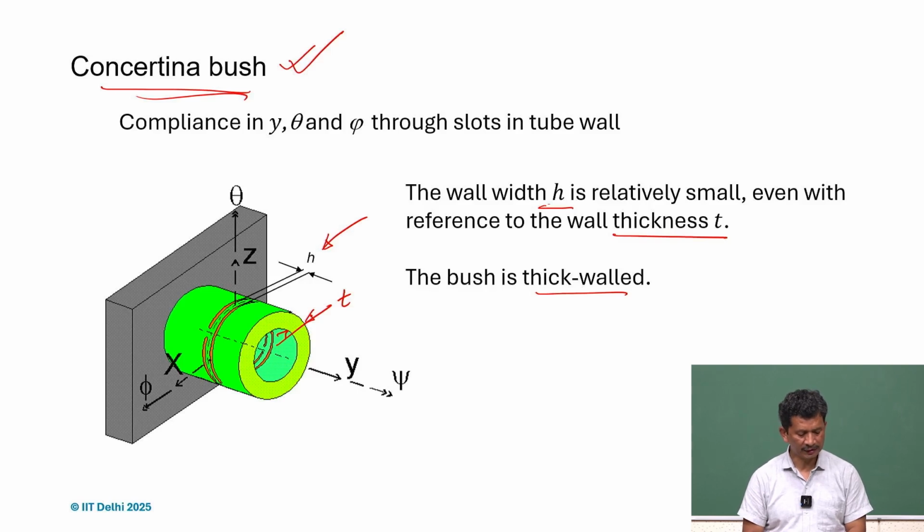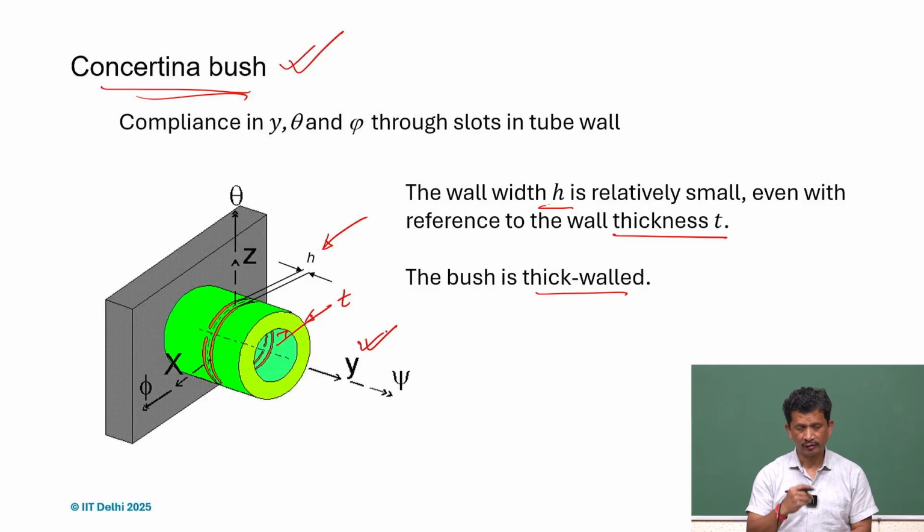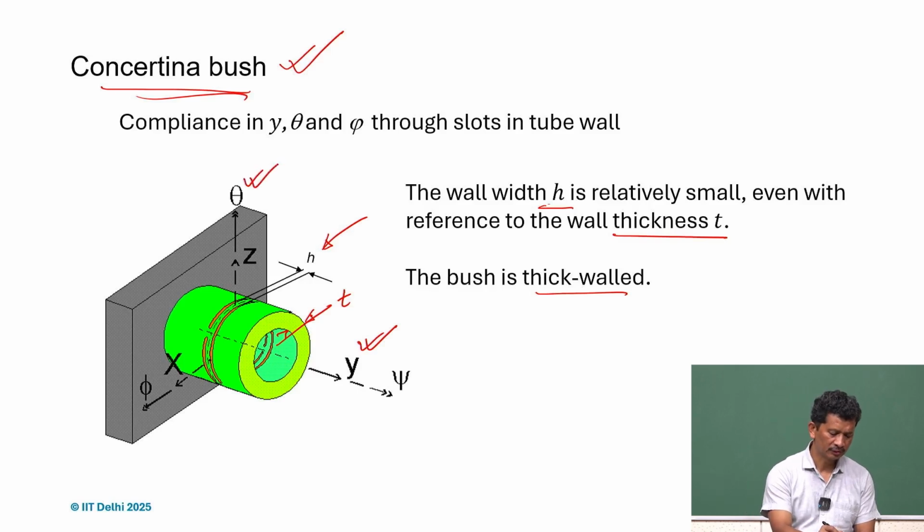In this case, there are just the short cut and two perpendicular axes we have created, and because of that, since h is small, the stiffness along the y direction is quite small, so that will be a degree of freedom. The other degrees of freedom for this kind of arrangement are the theta and phi rotations.